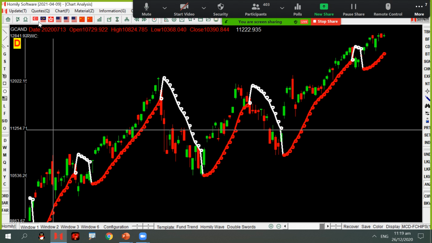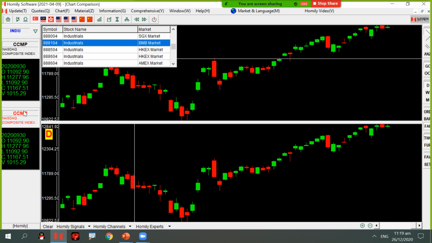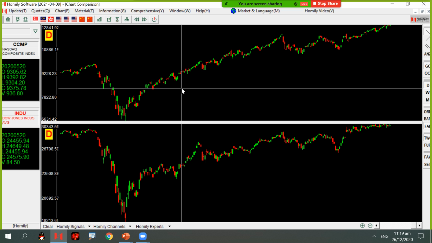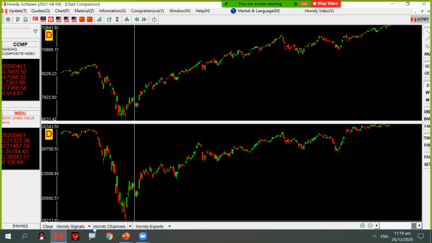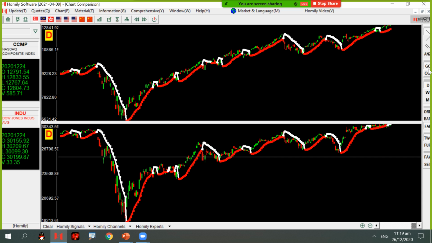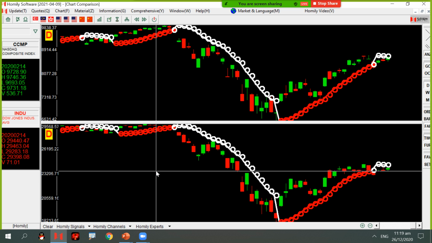We must combine with the chart comparison like this. The lower chart, I use the Dow Jones Industrial Average because the two different index. Now you see, as long as the two charts, both the indicator, red and black circle, turn white, we must clear our position. Otherwise, we just trade.